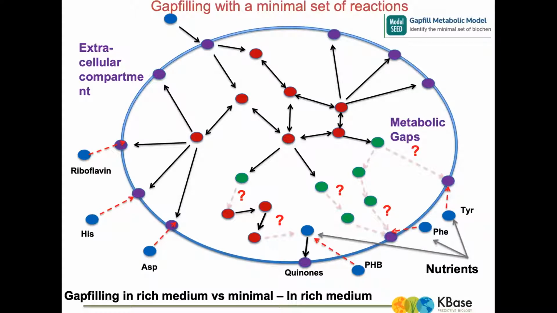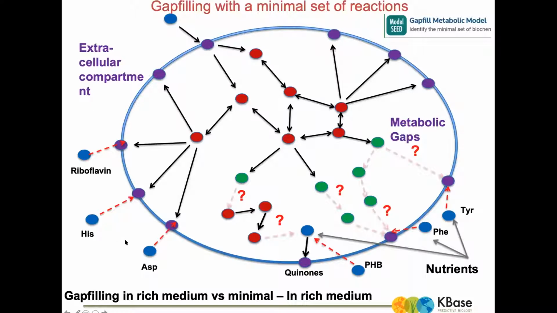So if you try to grow an organism in the laboratory on LB, it doesn't need to fire up all the pathways to synthesize the end compounds, because it can simply uptake those nutrients from the media, like amino acids and vitamins, and try to produce this biomass. So that's exactly what happens when you try to simulate a metabolic model and when you try to gap fill in rich medium.